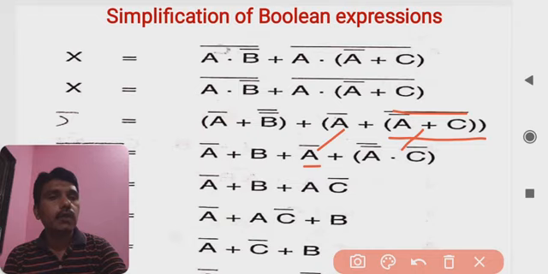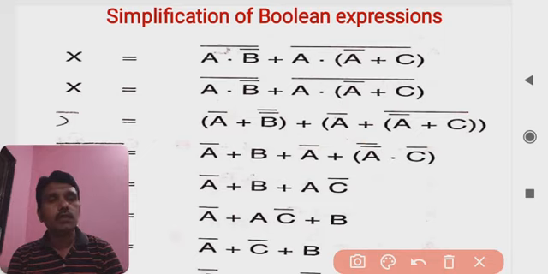That's why A complement is already there, but this complement is removed, so it is a double complement, and C complement is there. So this is the case where the simplification according to De Morgan's law is done.